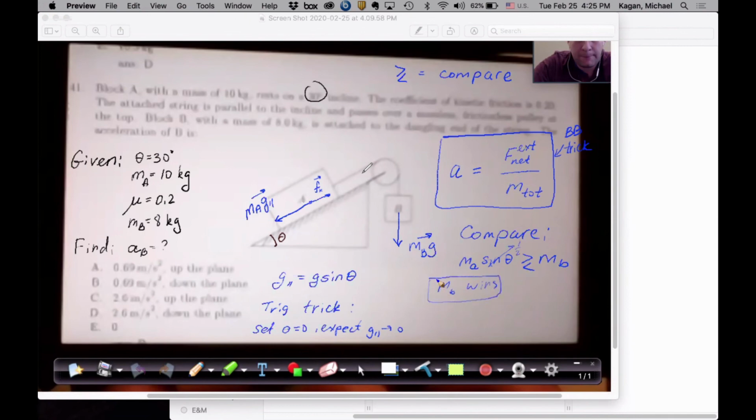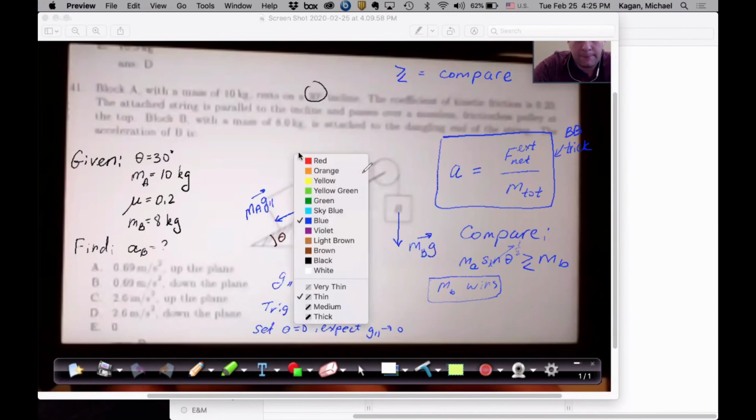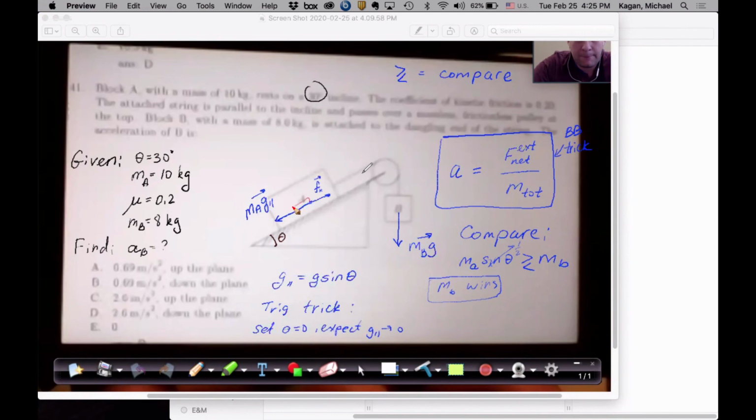So that means we need to correct the diagram, right? That means friction is actually pointing this way. Make sense?